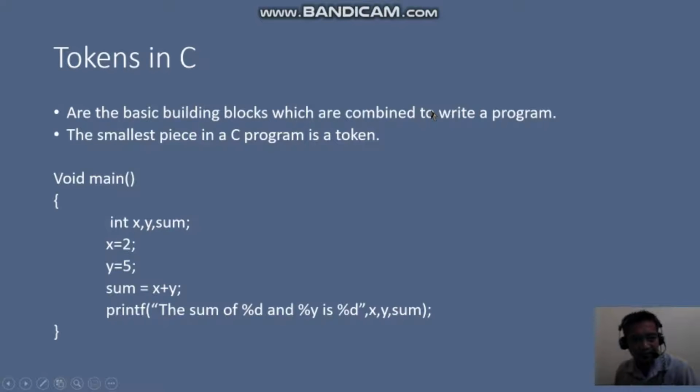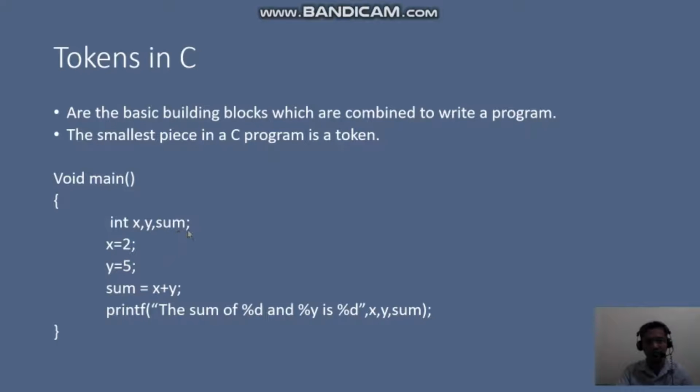So in essence, the basic building blocks which are combined to write programs are tokens. It's a combination of these small vocabulary words to come up with a whole program. So the vocabulary words are the tokens. And the small space in a C program is a token, like x is a token, y is a token, 2 is a token.